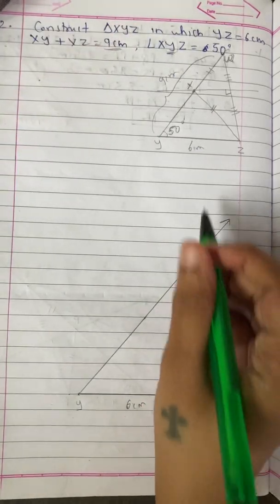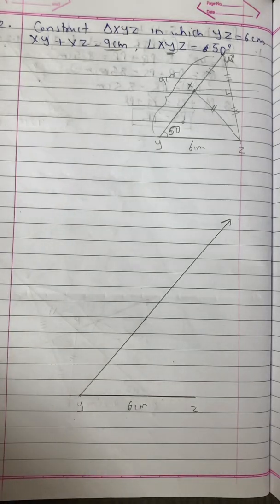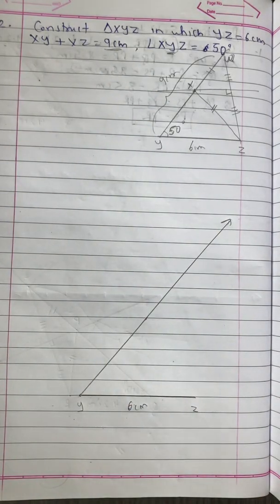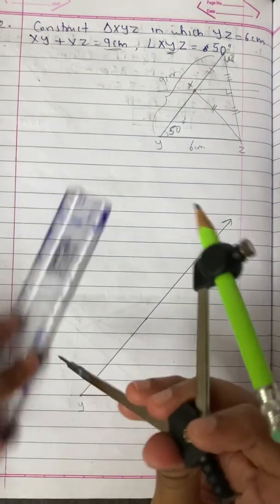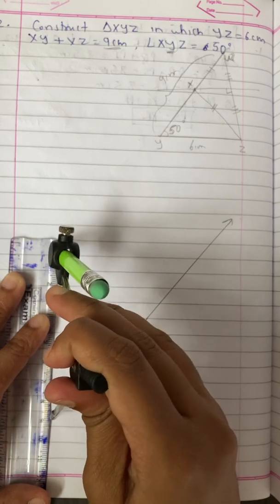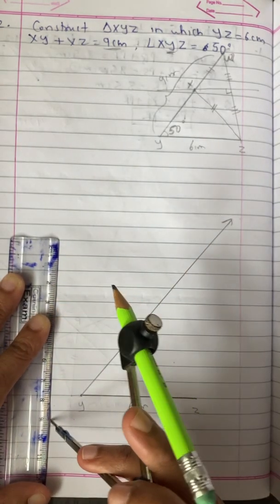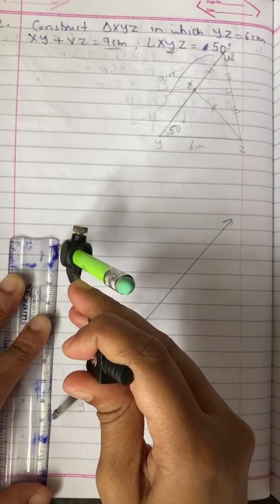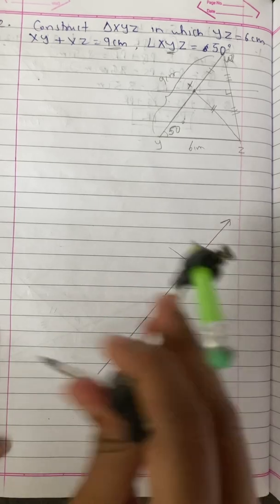After I get that, I have to locate point W at which centimeter? 9 centimeter. So take 9 centimeter on the scale. After taking 9 centimeter, draw the arc.